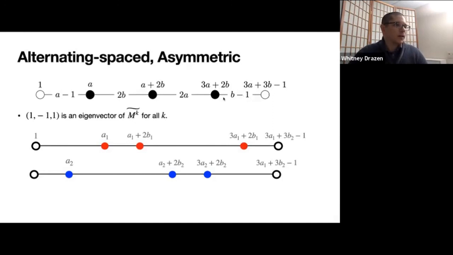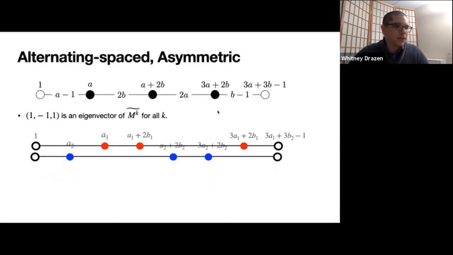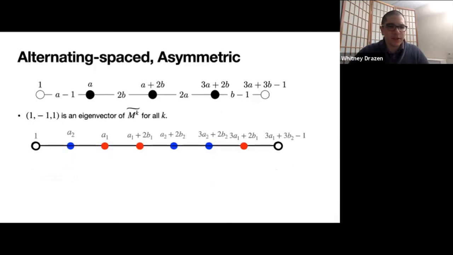We can show that (1, -1, 1) is an eigenvector of the restriction of M to the K for all K. And furthermore, if we have two such examples on the same length path, we can overlay these examples, and now the 6 vertices together will also be a fractionally cospectral set.